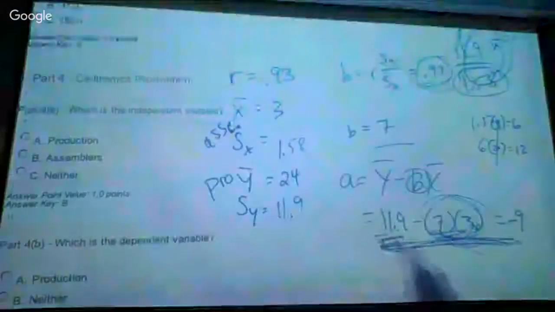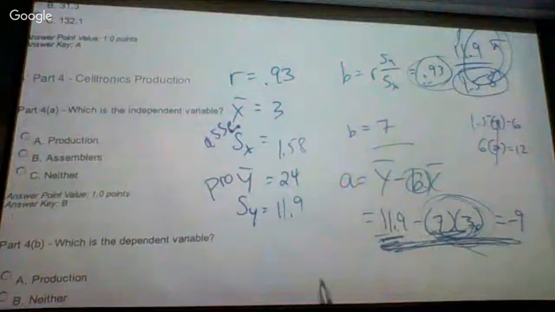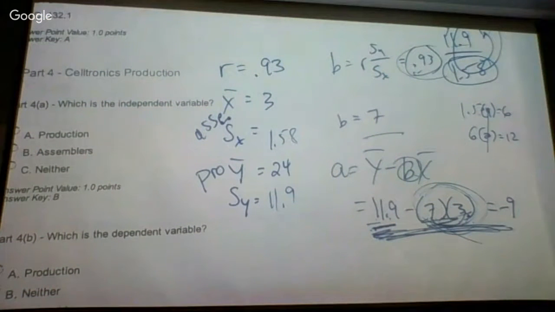We got B right. B is 7. What did I do wrong here? Because 11.9 is just about 12, and 12 minus 21 should be 9. What did I do wrong? Oh, I'm not even looking at it. So I'm doing this math in my head, and I see 11.9 minus 7 times 3 is -9. What did I do wrong?